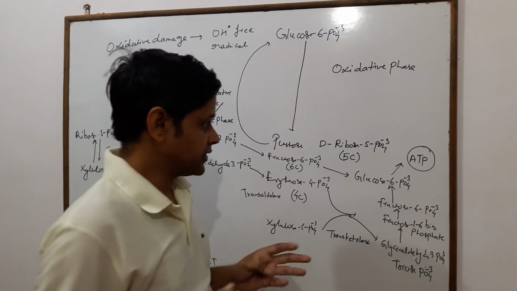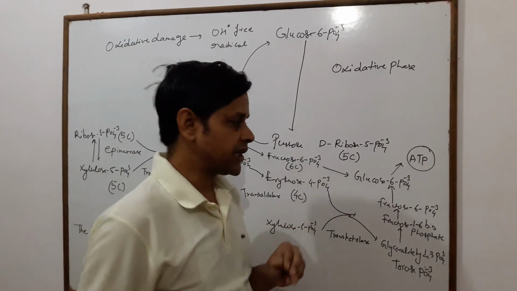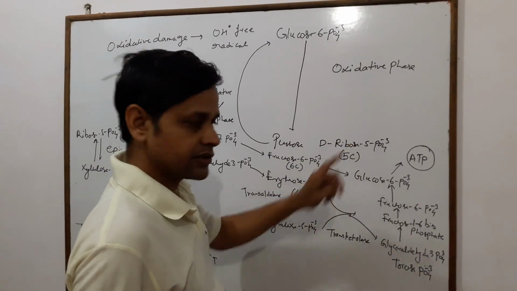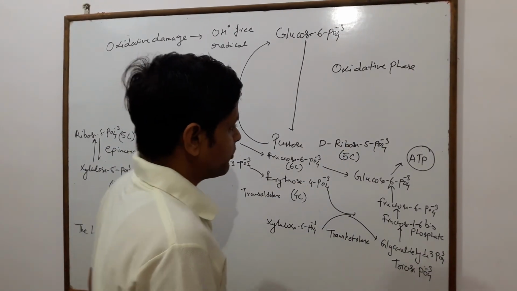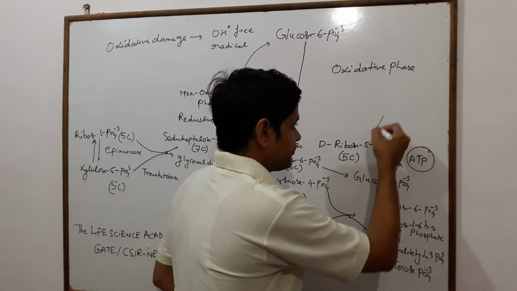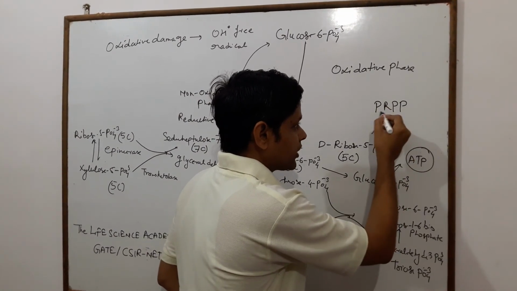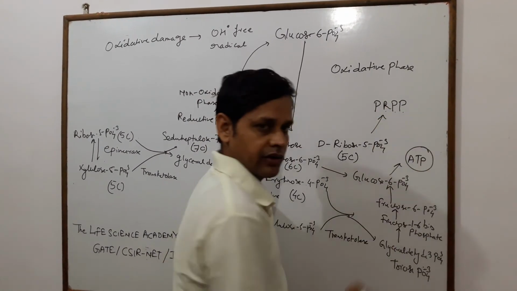As we discussed in the previous slide, this ribose 5-phosphate is the precursor of PRPP, that is phosphoribosyl pyrophosphate.